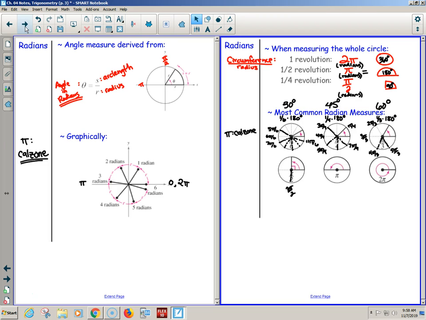Look at the circle up there on the left. 1 radian falls around 60-ish degrees. Today we'll talk about conversions between degrees and radians, so we'll have it much more precisely than that. But right now it looks to be 60-ish. Way bigger than 1, because it's 1 radius measured around.